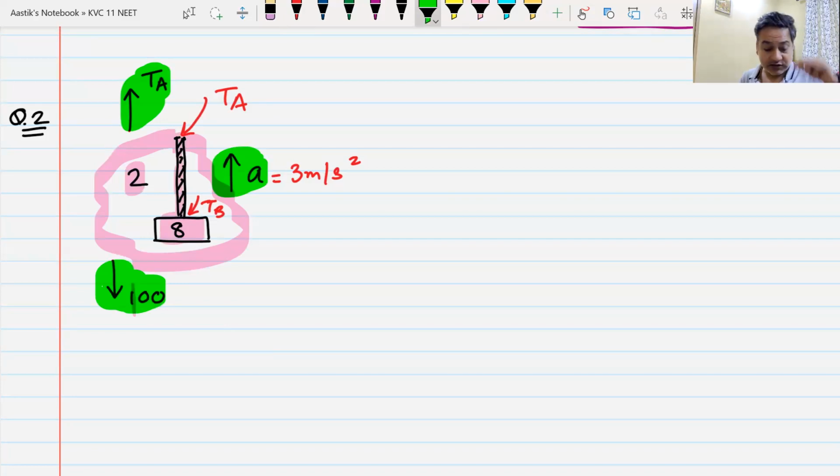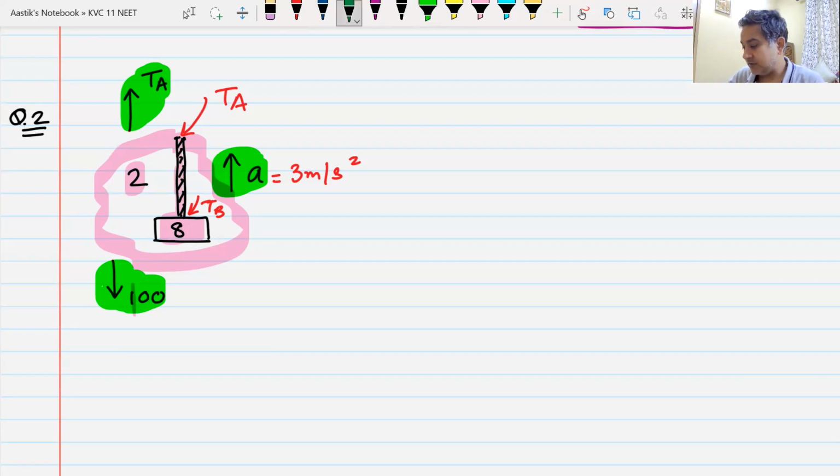What will be the equation of this block? T minus 100 is equal to 10a.